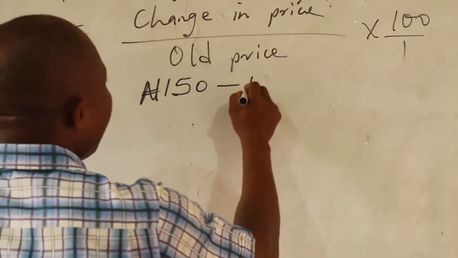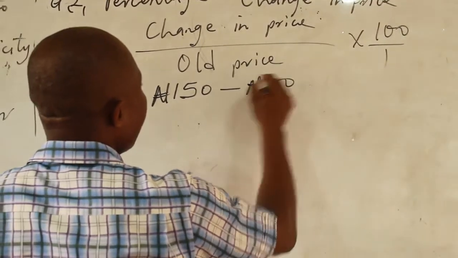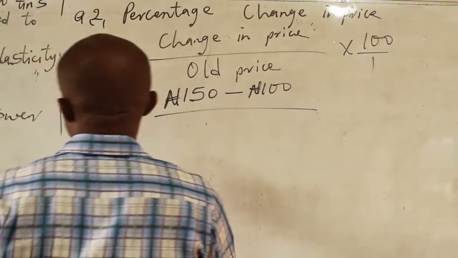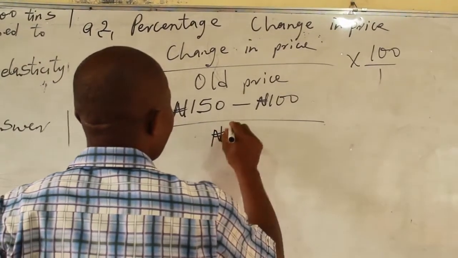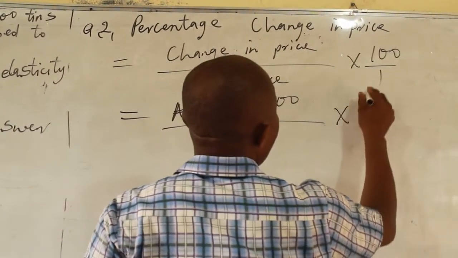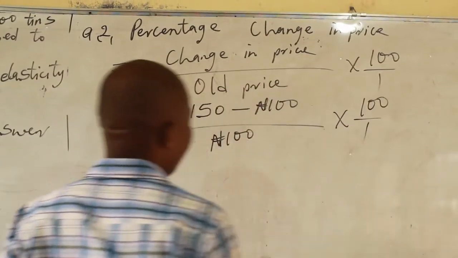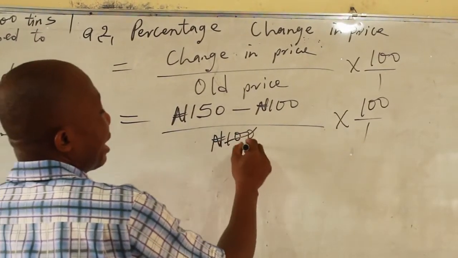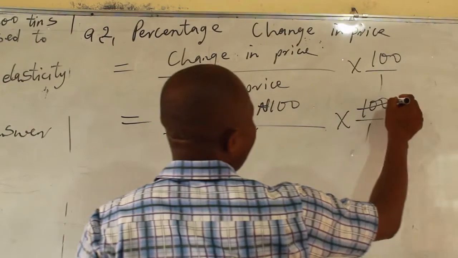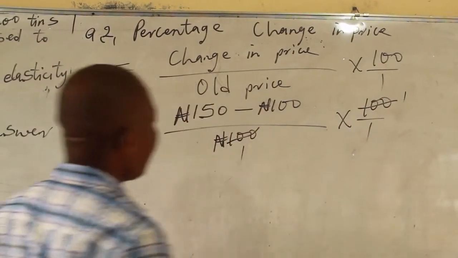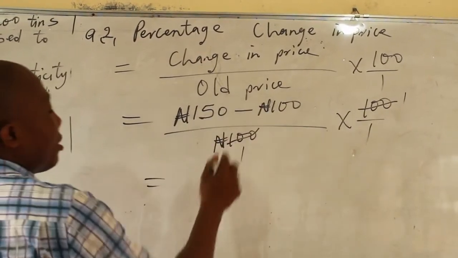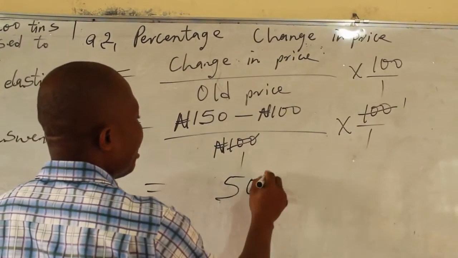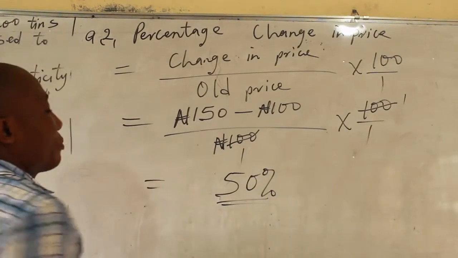So 150 naira minus 100 naira divided by our old price, 100 naira, times 100 over 1. Here, 100 can cancel 100 to give us 1, and cancel 100 again to give us 1. Then the difference between 150 and 100 is just our 50%.